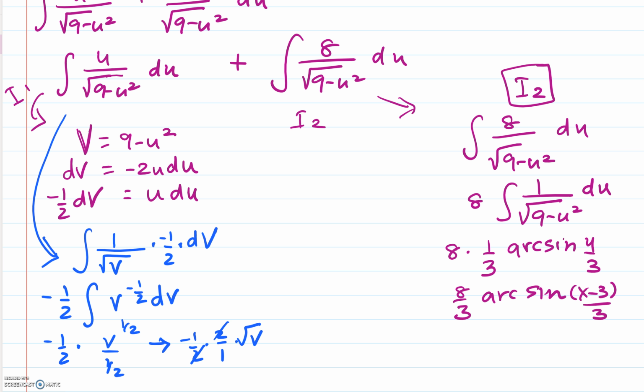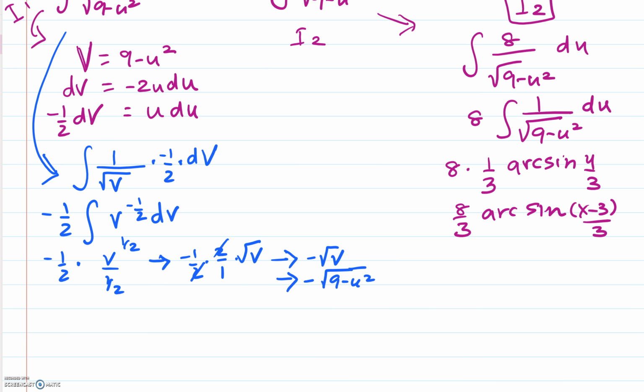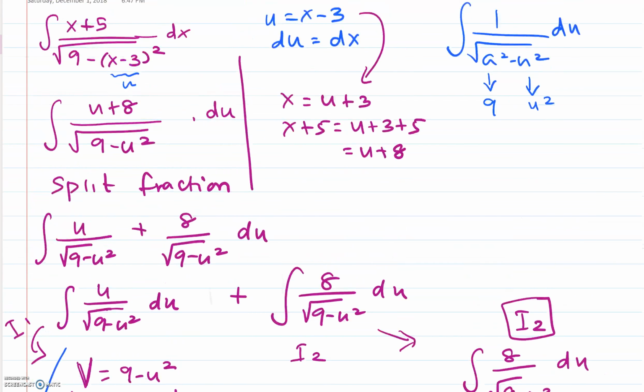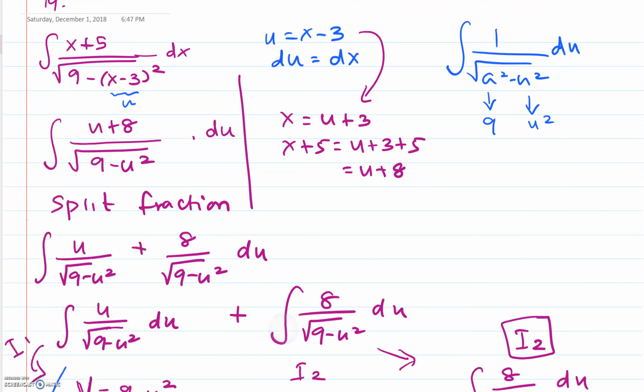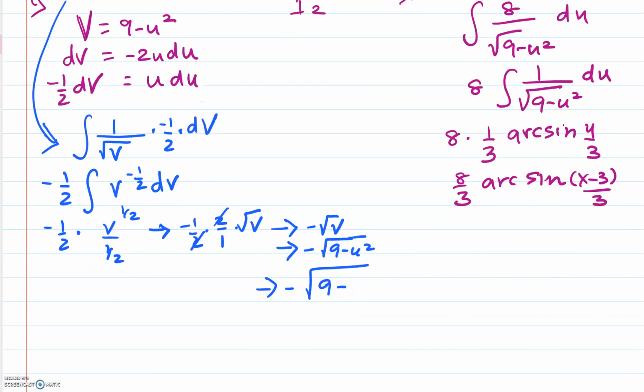So we're going to go back to v. From v you have to go back to u, and from u you have to go back to x. So negative square root of v. This will become negative square root of 9 minus u squared, and from which we have to go back to x. u is x minus 3, x minus 3 the whole square.